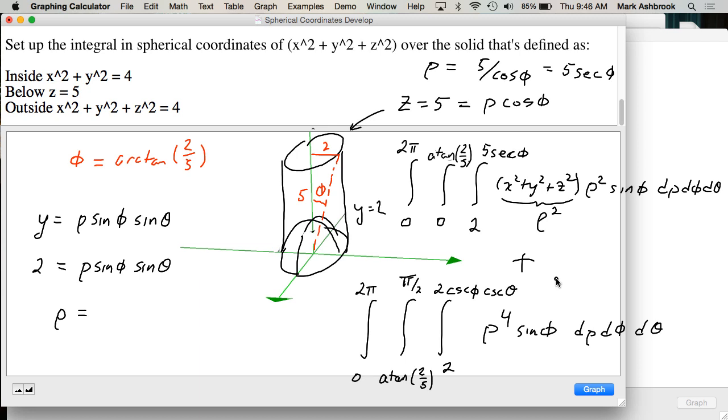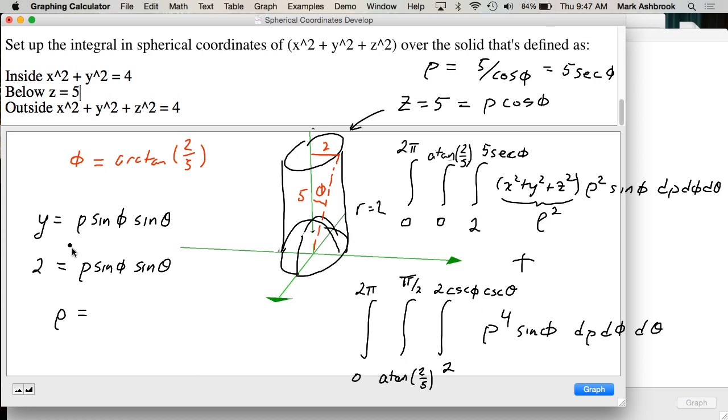What are we doing wrong? Ah, right. This is z. This is z equals 2. No, wait a second. This is r equals 2. R equals 2. That's why. Yeah, that shouldn't depend on theta.